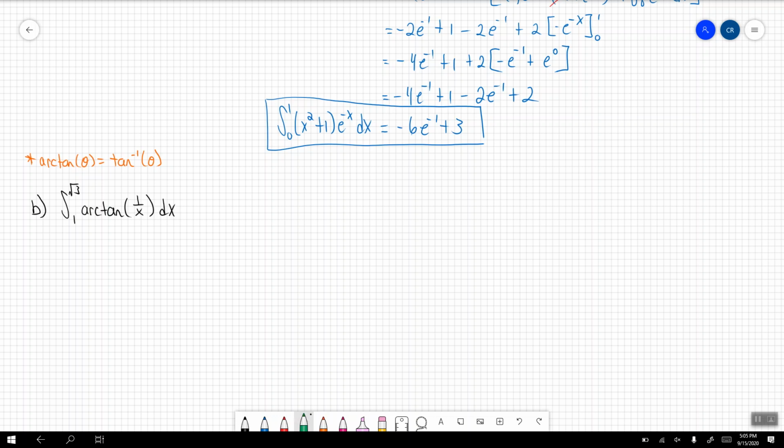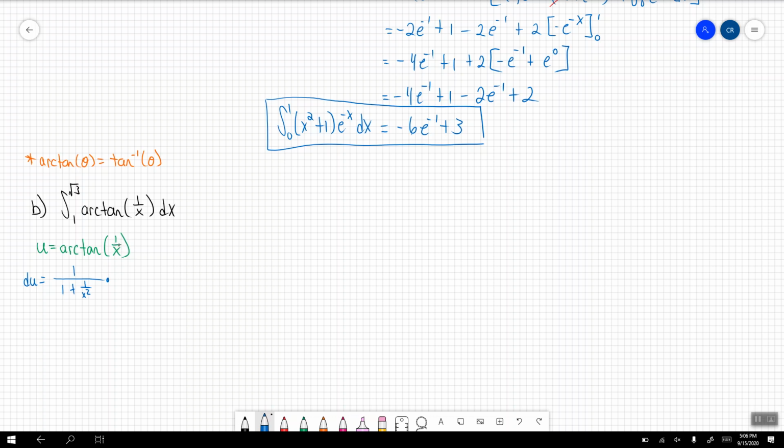So again, my same setup, which I'm going to say that u is going to be my whole function, which will say it's arctan of 1 over x. That means my du will be 1 over 1 plus 1 over x squared, because again we're squaring this term, multiplied by the derivative of the inside function.